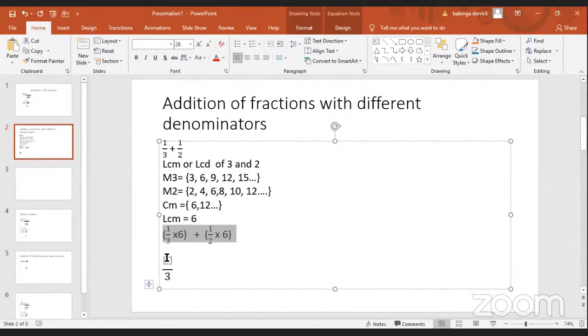Out of our denominator, which is 6. So 6 becomes the denominator, because it's the LCD, it replaces 3 and 2.